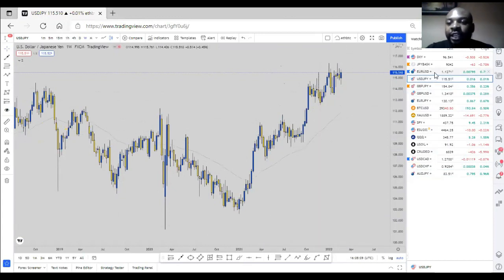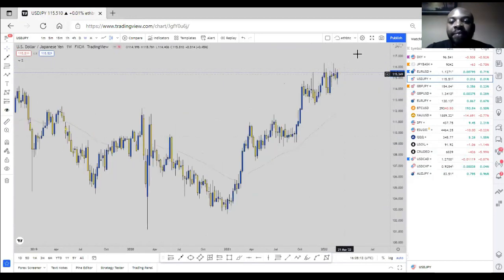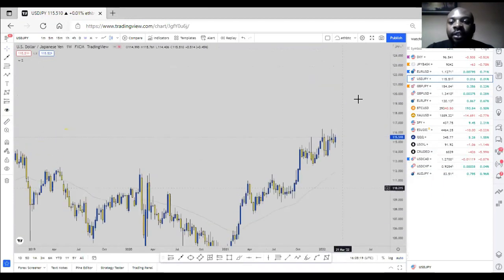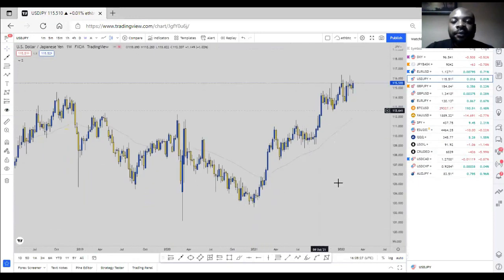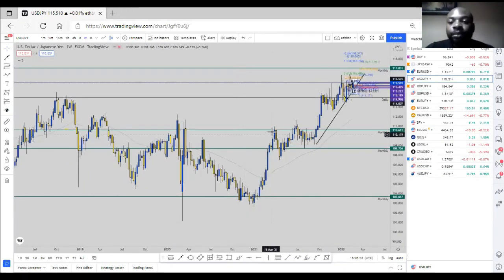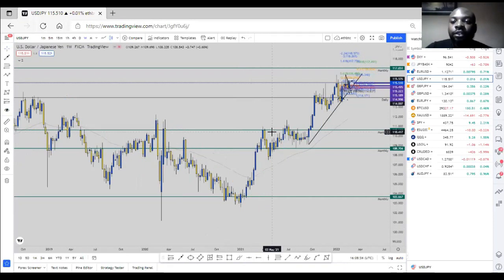These are charts on the weekly, and I expect a very massive run on the USD JPY. I expect a very massive run to the upside because of what's going on currently across the G7 majors, across Asia, across Europe, and Ukraine.